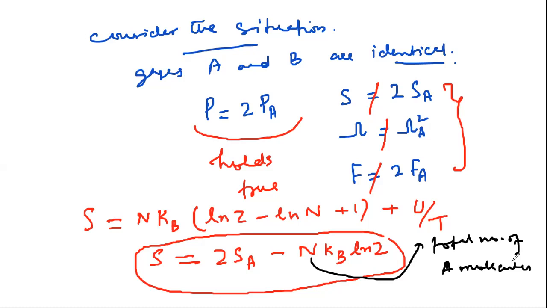So the degree of disorder is lessened by the competition. So your homework is to prove it at home from this expression for S. So this completes our today's lecture.